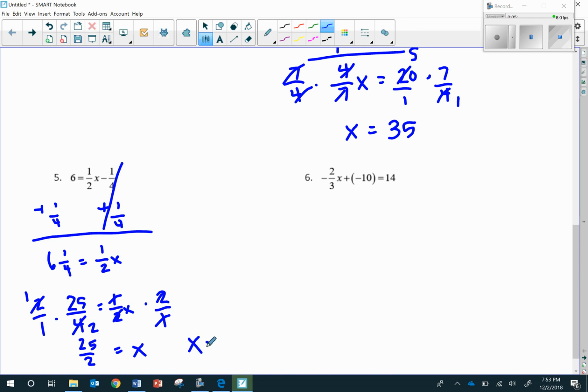So x equals 12 1/2. And that's my final answer. I'm going to leave number 6 for you to try. Remember, this plus a negative is the same thing as subtraction. So you've got a two-step equation there, and think about what the inverse of subtraction is when you are solving that.